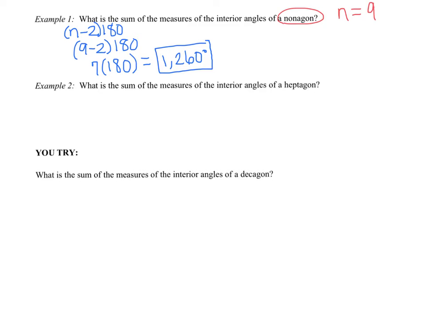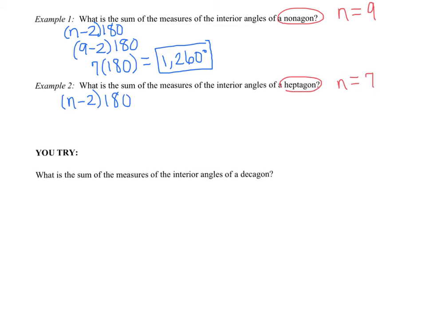Let's look at our next example, example 2. It says, what is the sum of the measures of the interior angles of a heptagon? So you want to say to yourself, we're talking about a heptagon, and a heptagon has how many sides? It has 7 sides. So your n is going to be equal to 7. We're going to write our formula. This is always the formula to find your total measure of the interior angles.